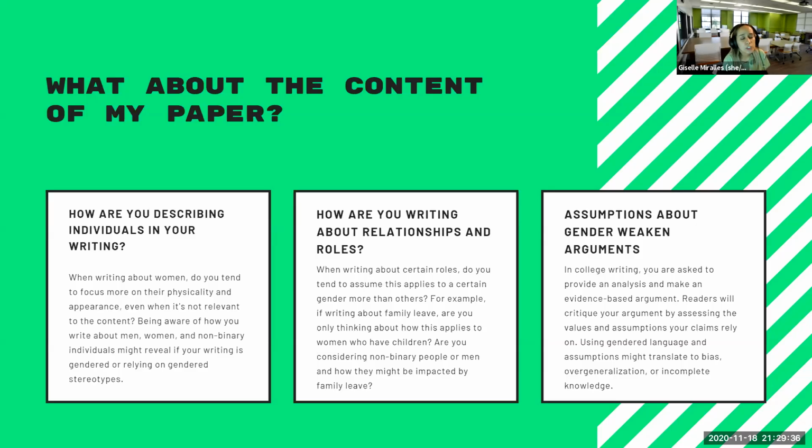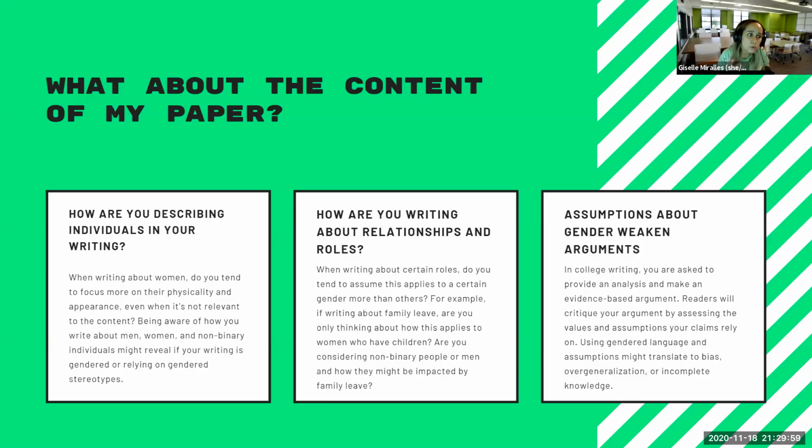One question you can ask is, how are you describing individuals in your writing? For example, when writing about women, do you tend to focus more on their physicality and appearance, even when it's not relevant to the content? Like I said earlier, you don't need to refer to gender unless it's relevant to your argument or the content you're writing about.